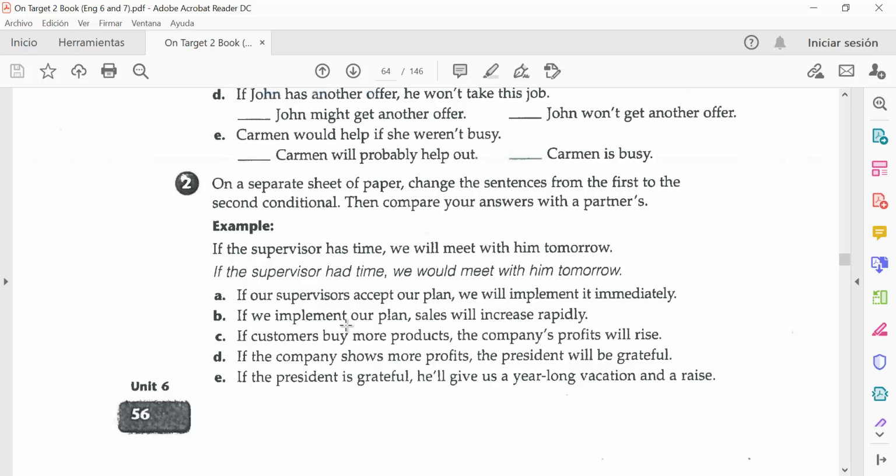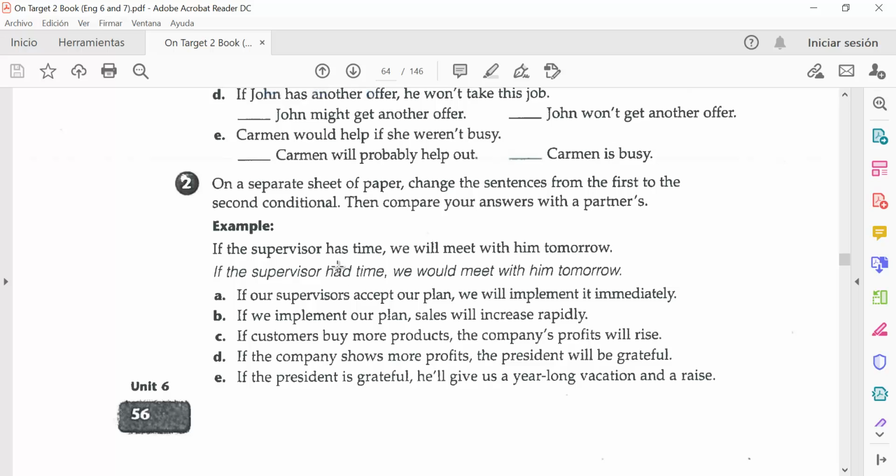So what we're going to do? The following. If the supervisor had time, right? You see, we have the particle if that never changes. It doesn't matter in which conditional we are working on. Then we have had. Remember, here we had has, which is in present.